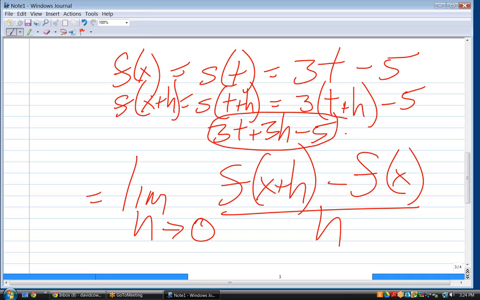We're going to subtract from it f of x, which in this case is 3t minus 5. And we're going to divide that whole thing by h, and then take the limit of it as h goes to 0. Well, what does this thing equal when I do this manipulation? What am I left with?